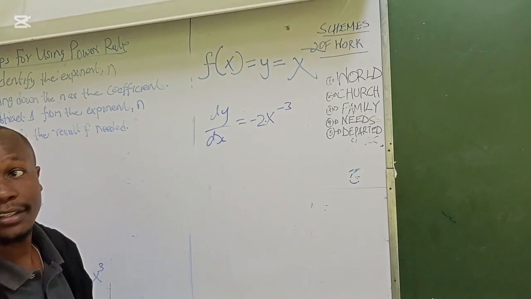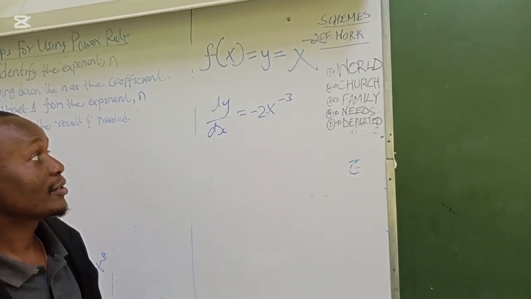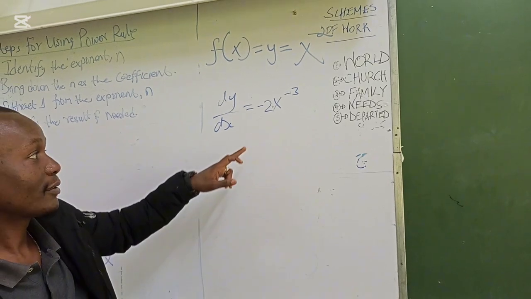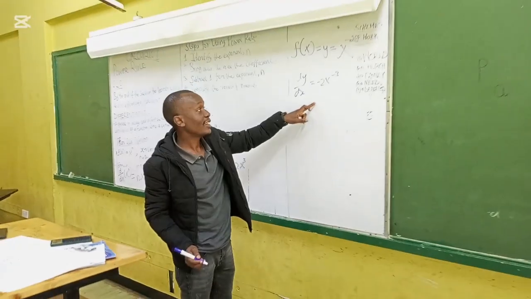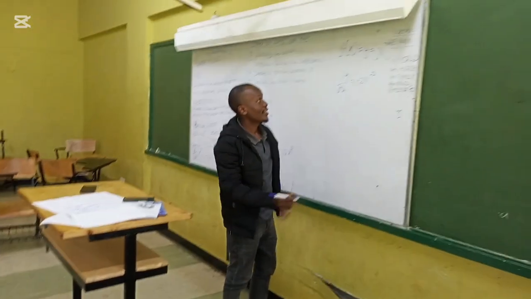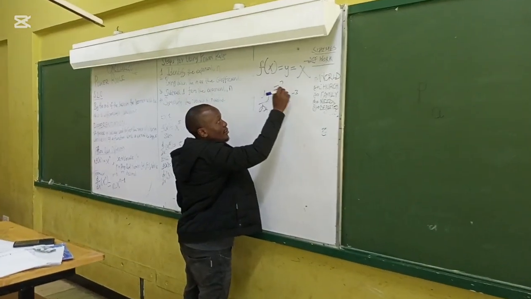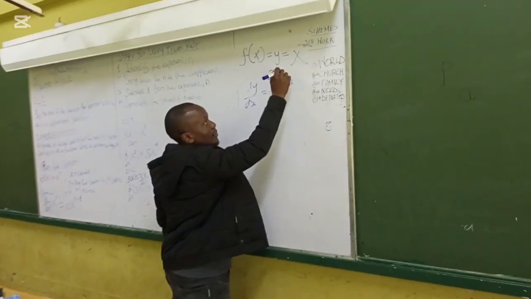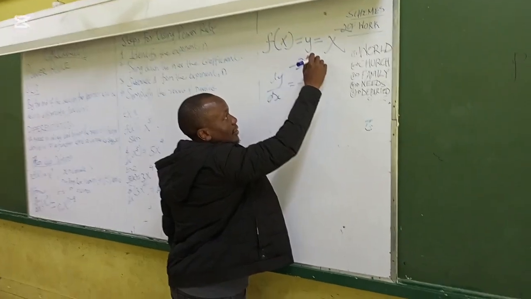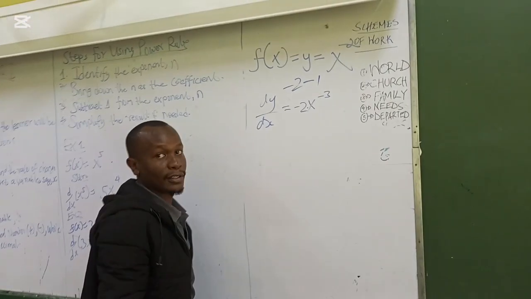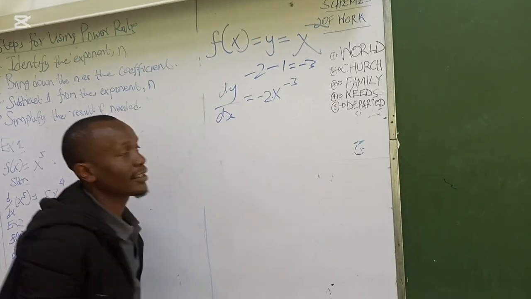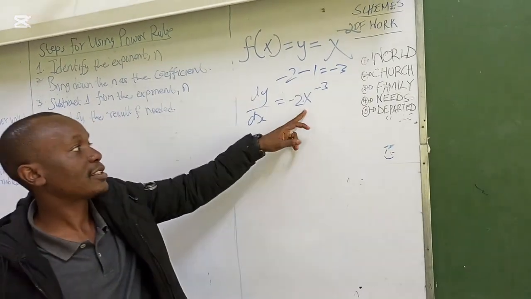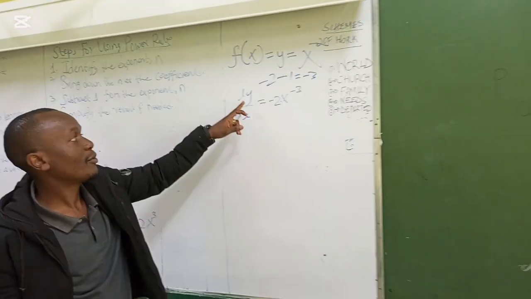Show us how it has come to that point. Don't jump a step. Show us step by step how we arrived at negative 3. Initially it was negative 2. You write that there. Then you subtract 1, so it becomes negative 3. Okay, so that's our answer.